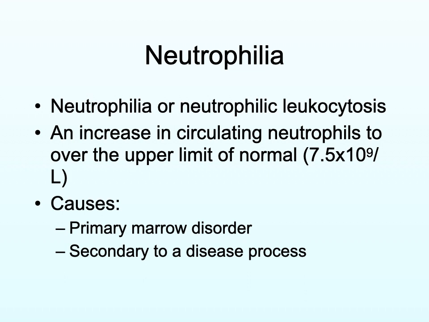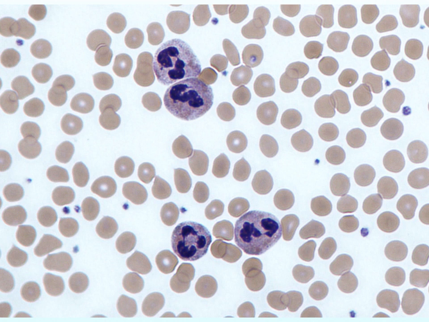Causes of neutrophilia include primary marrow disorders and also secondary to a disease process. So this is a slide of a peripheral blood of neutrophilia showing neutrophils with segmented nuclei surrounded by erythrocytes. The intracellular granules are visible in the cytoplasm, and normally you won't see this many neutrophils in one view under a light microscope.